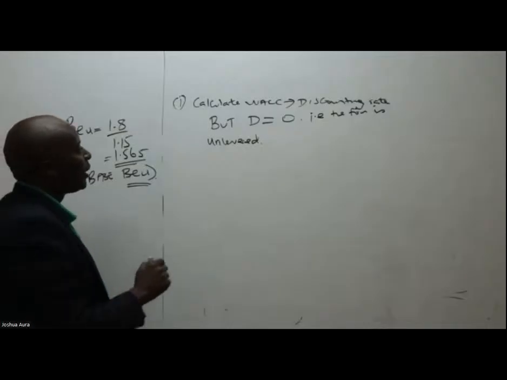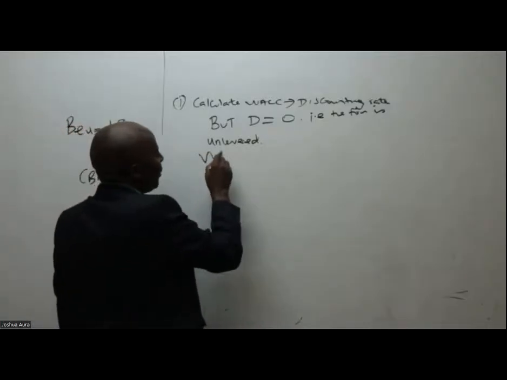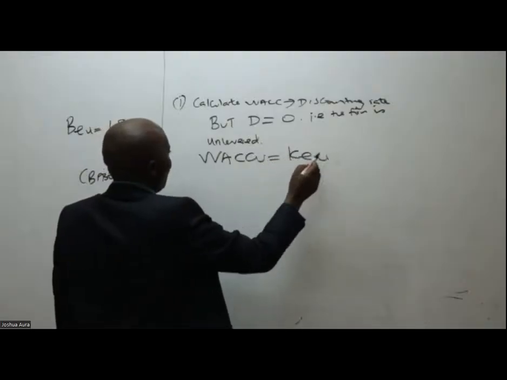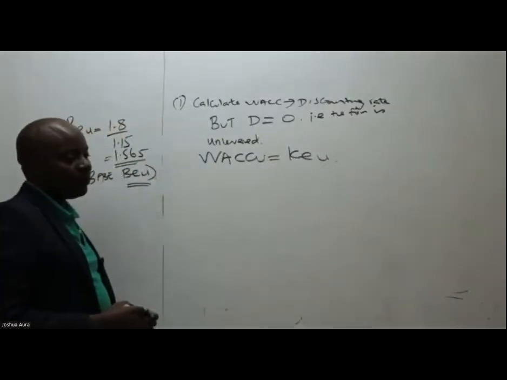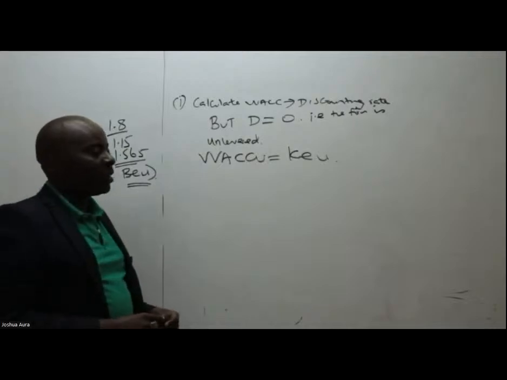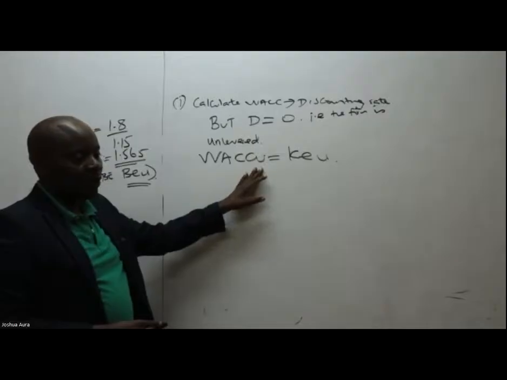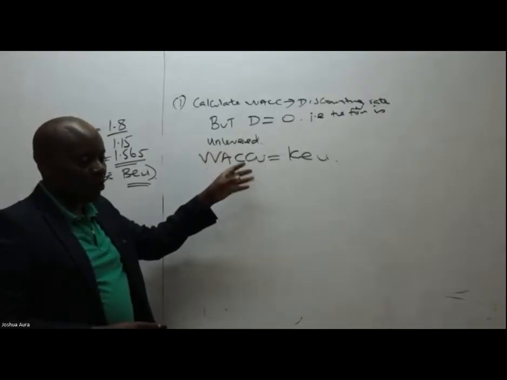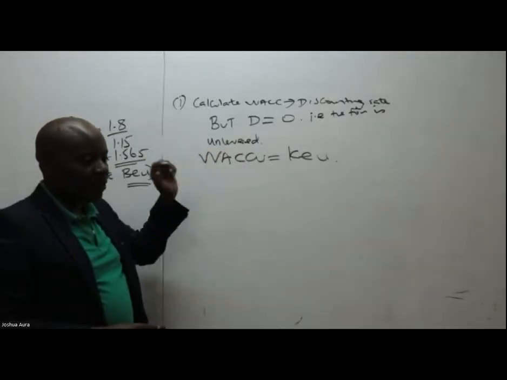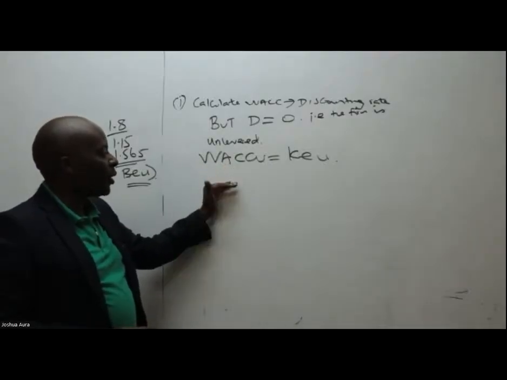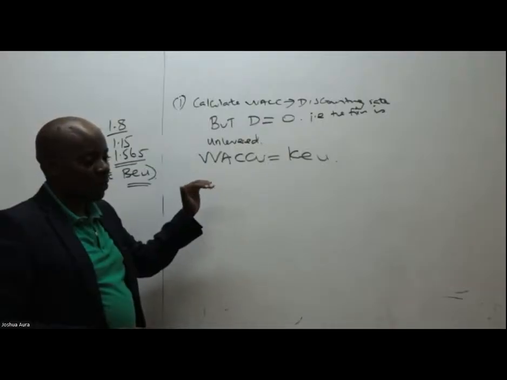If it's unlevered, remember in this case, ladies and gentlemen, what we used to call WACC U equals Ke U. Very, very important. If it's unlevered, then the weighted average cost of capital of an unlevered firm will always be equal to cost of equity of an unlevered firm. Some students sometime back here told me WACC U equals Ke. No. It's WACC U equals Ke U.